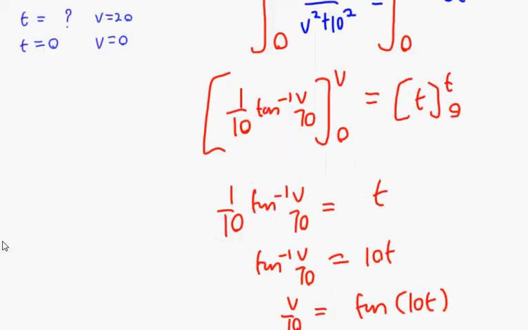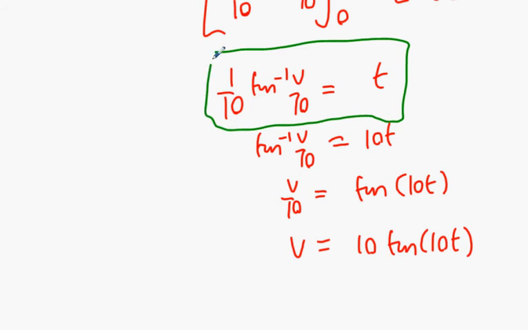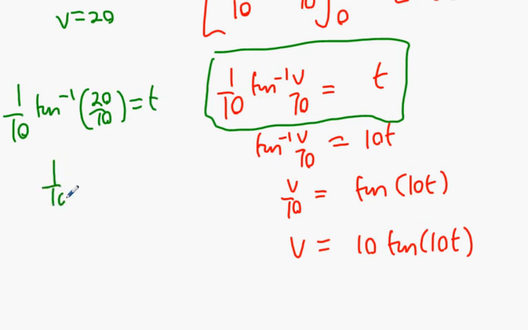We're actually trying to find out t, aren't we, as opposed to v. So where should I have stopped? Should have stopped up here when t was on its own, as opposed to when v is on its own. Amateur hour. Okay, so 1 over 10 tan inverse v, where v equals 20, 20 over 10 equals t. 1/10 of tan inverse 2. 1/10 of tan inverse 2 is 0.1107.